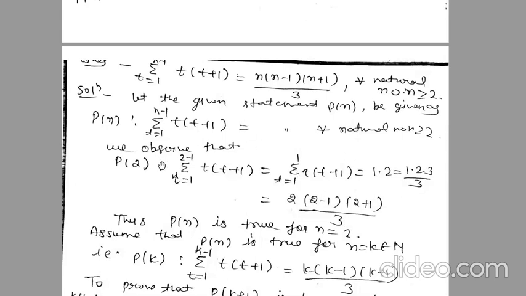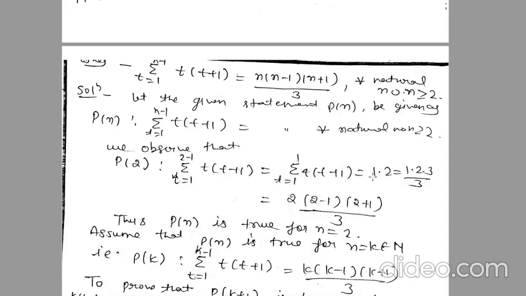The given statement is starting from n greater than or equal to 2. So just put n is equal to 2 here, and if you put n is equal to 2, then your statement is t is equal to 1 to 1, so t you will put only 1 here.